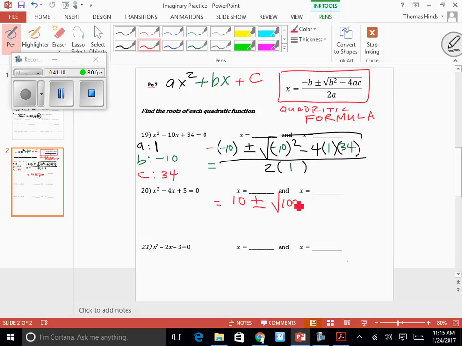When you're multiplying, you take this guy times whatever the sign is on that answer. But shouldn't it be 100 minus negative 136?